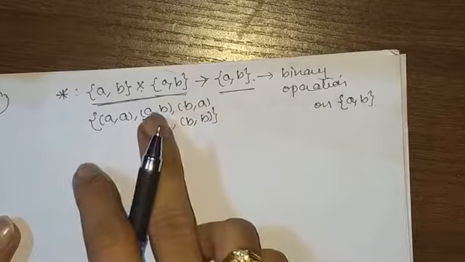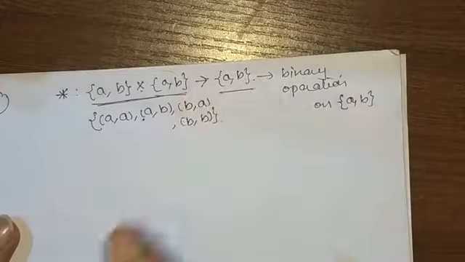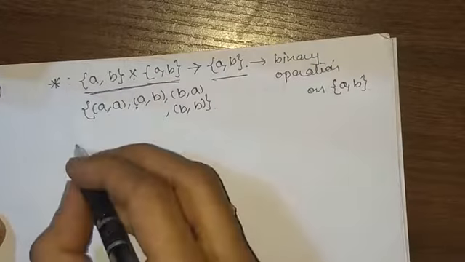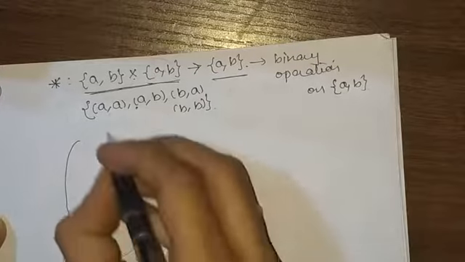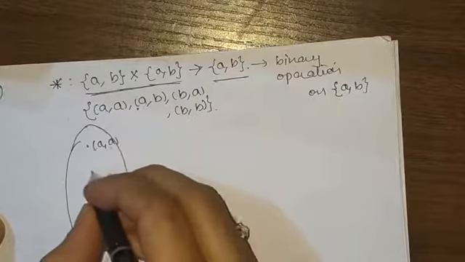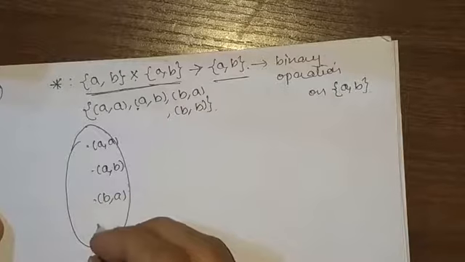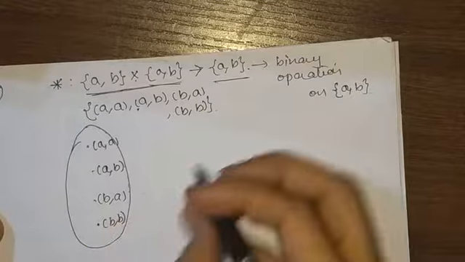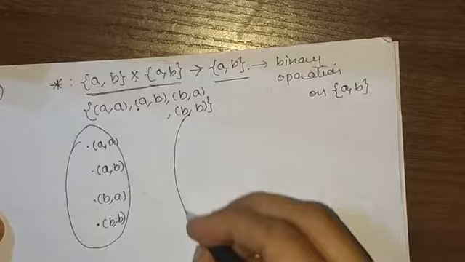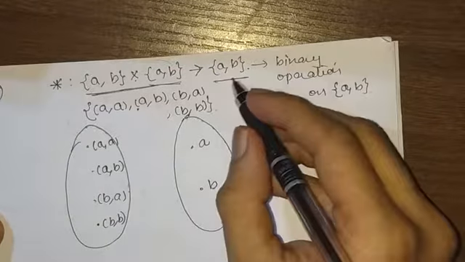If we write the domain here, what will it be? (a, a), (a, b), (b, a) and (b, b). So this is the domain and this is the codomain, which has a and b only. Only two elements in this set.